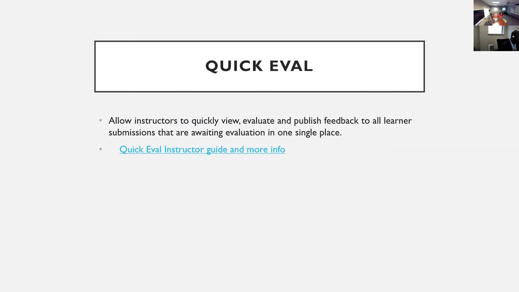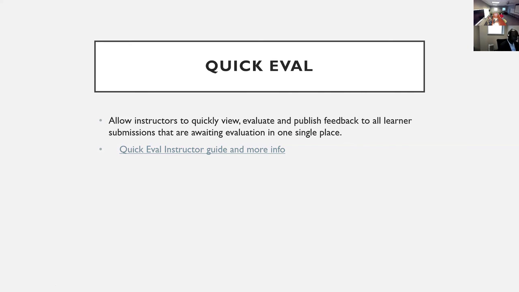What I wanted to also add to this was the new items that we introduced in January. The one I had already shown you was a QuickFL. This tool allows instructors to quickly view, evaluate, and publish feedback to all learner submissions that are awaiting evaluation in one single place. We have instructor guide in our site.